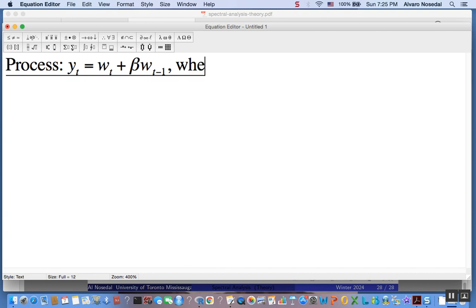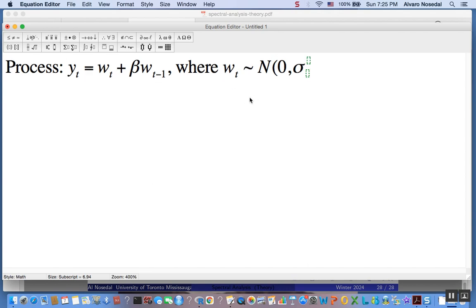Where, as usual, WT has a normal distribution. So it's normally distributed, mean zero, variance sigma squared. So we have sigma squared for that Gaussian white noise. Okay?